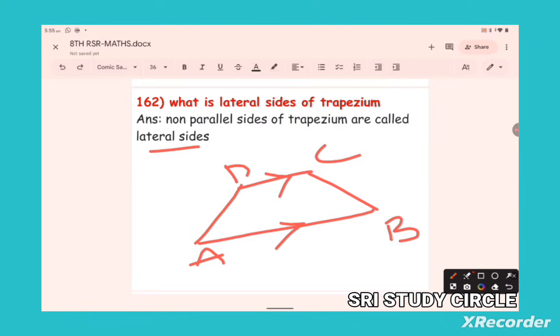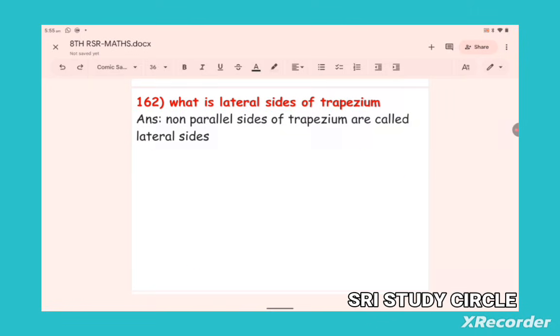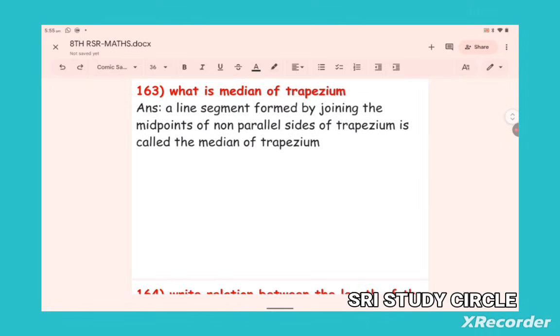Non-parallel sides are BC, AD. So these are called lateral sides. Next, what is the median of a trapezium?